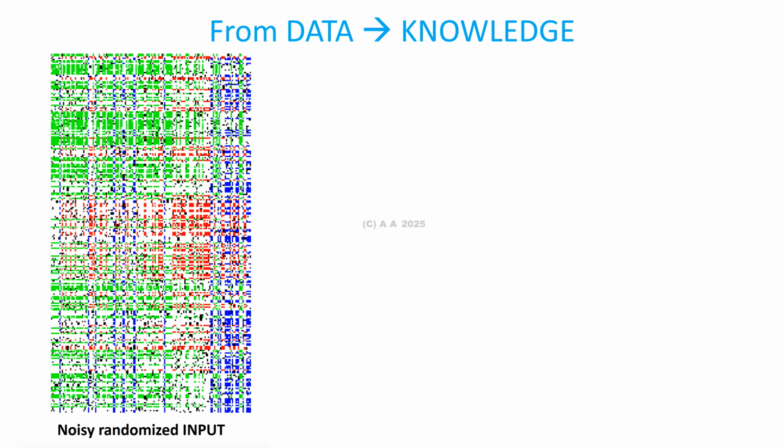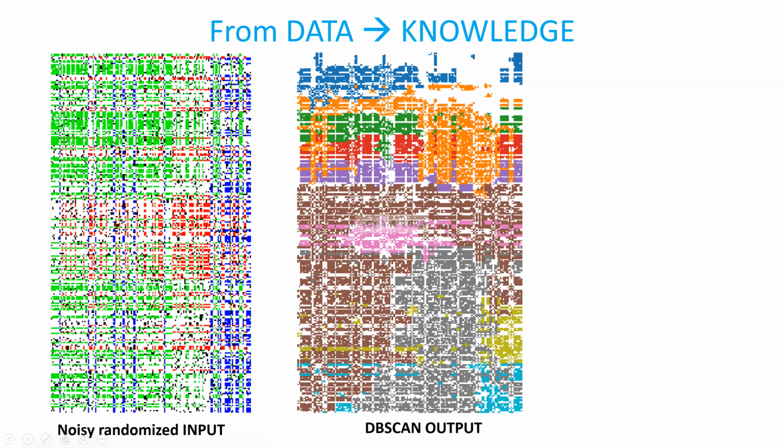Let me show you the approach which is not going to work. We have this input data set. I've color coded it, assigned colors to the biclusters, added noise seen by black dots, removed data seen by white dots, and permuted it. And then, of course, I apply a DBSCAN algorithm, a very famous one.